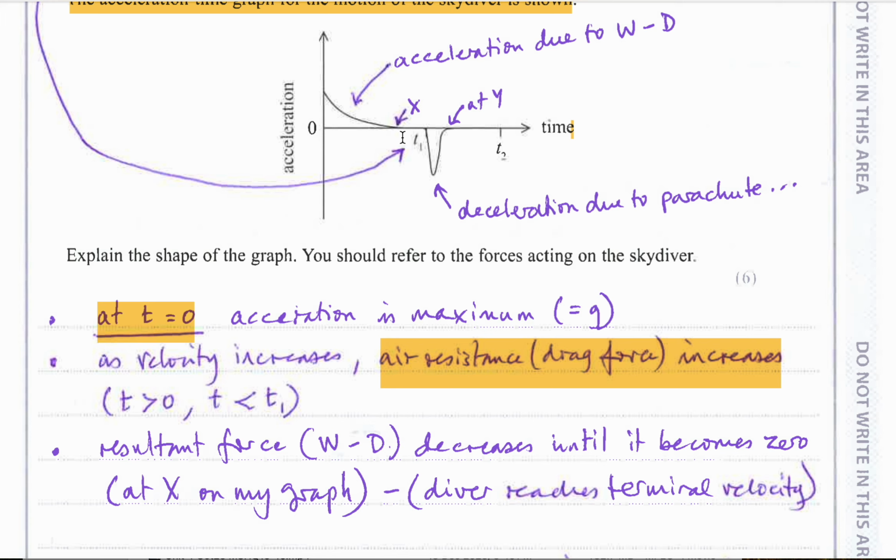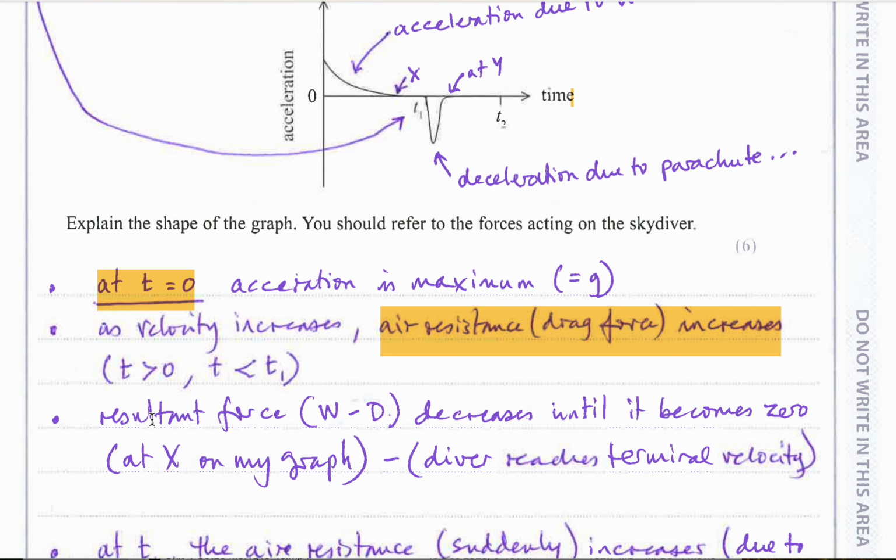So from here to here, the gradient is decreasing, so the acceleration is being reduced. So the resultant force, W minus D, decreases. At the beginning it was just W, D was 0, gradually D increases until the resultant becomes 0. So you will have a terminal velocity at x on the graph. You can see here where it becomes flat, that's where it's reached terminal velocity.